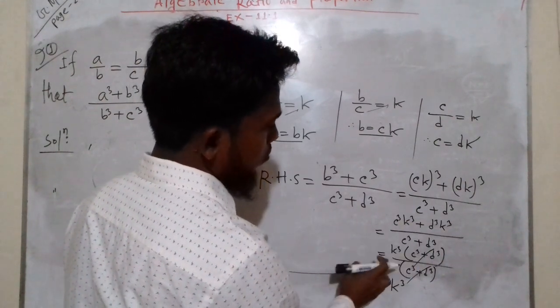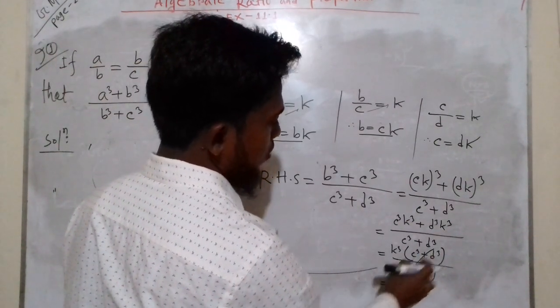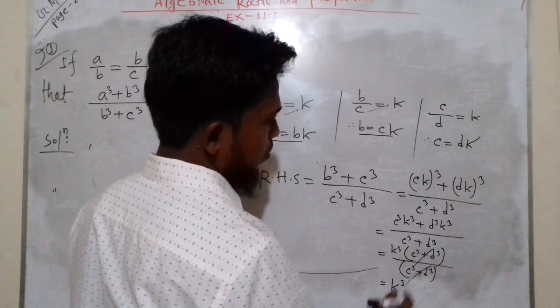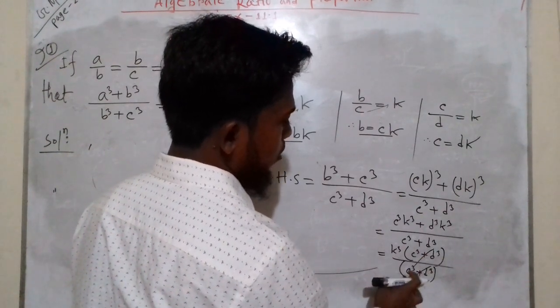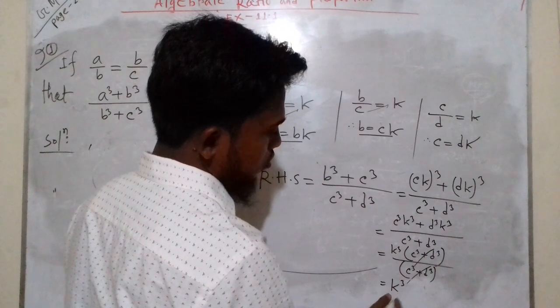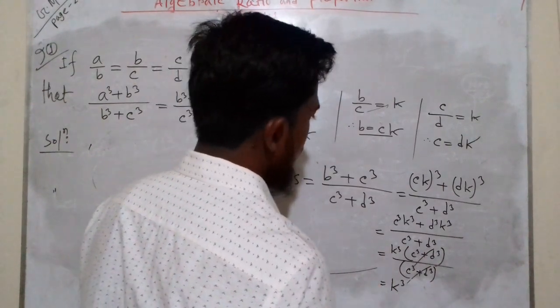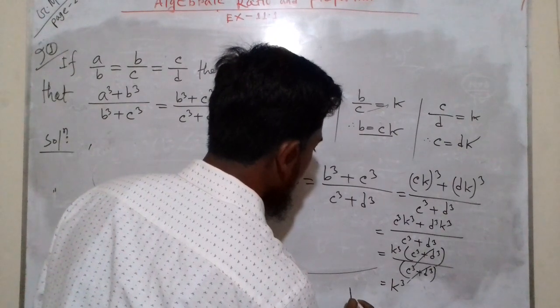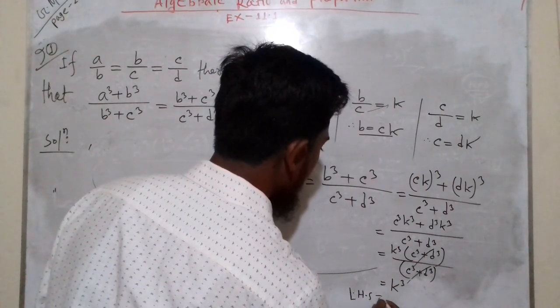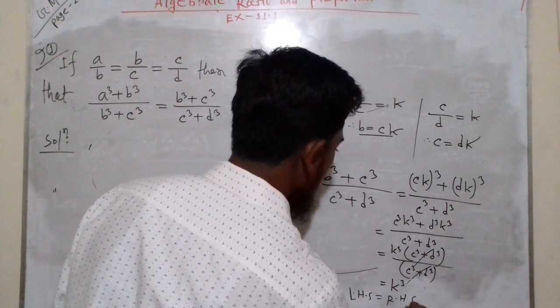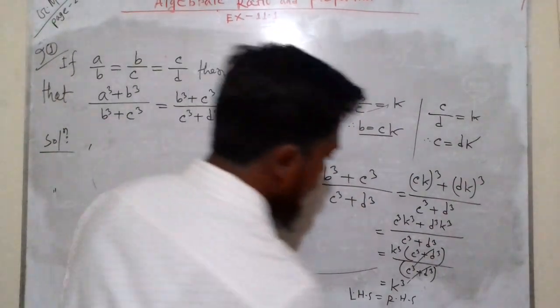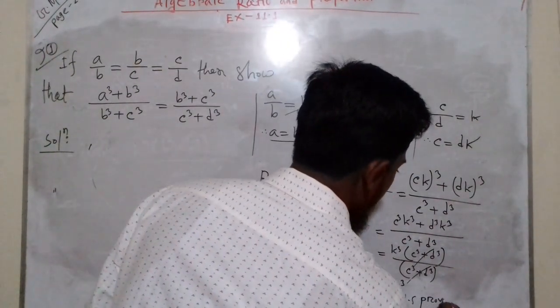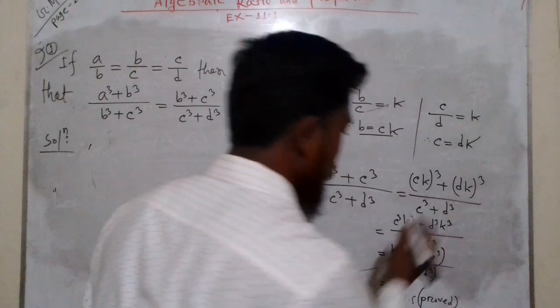Taking common k^3, (c^3 + d^3)/(c^3 + d^3) cancel, so this equals k^3. So we can write left hand side equals right hand side. Proved.